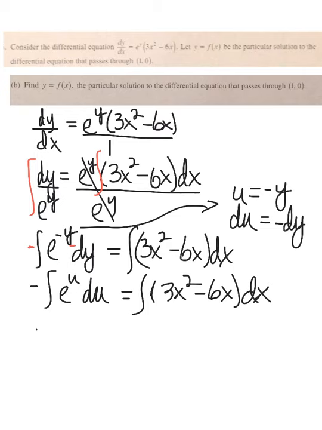I got a negative e to the u. Now, it is u substitution, but without bounds, so we're always going to plug that u back in. So instead of writing e to the u, I'm going to write e to the negative y, because I'm going to put that u value back in, equals, and on the right-hand side, I am going to get x cubed minus 3x squared plus c.